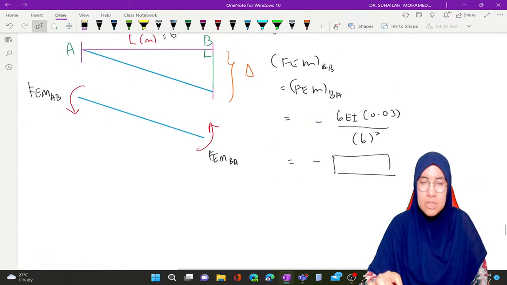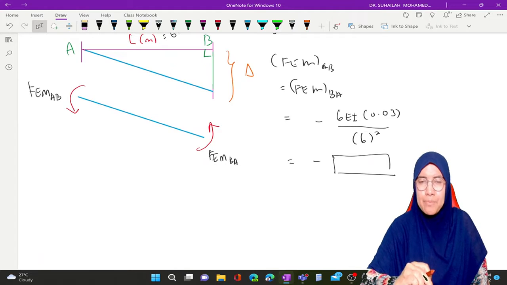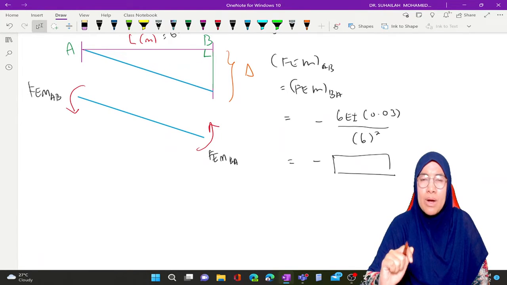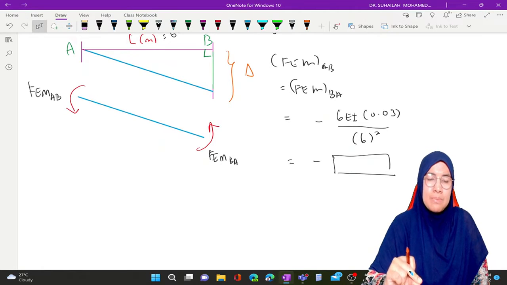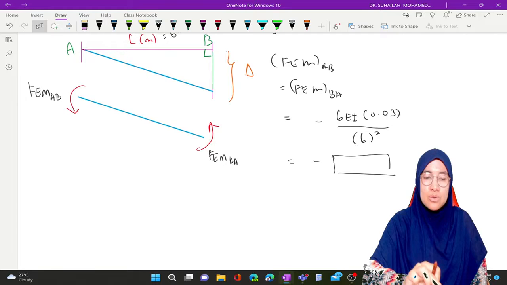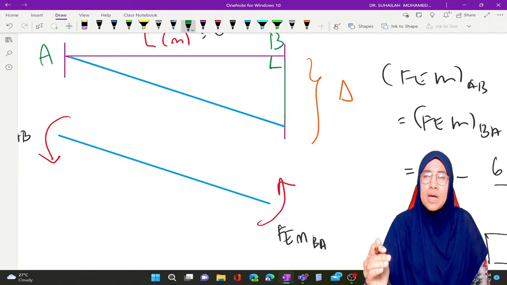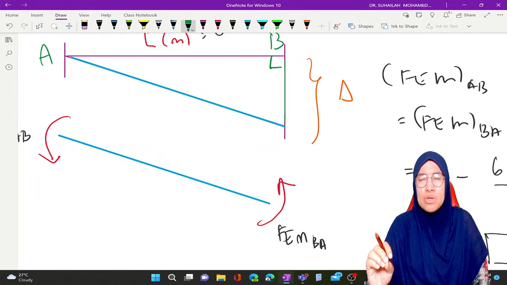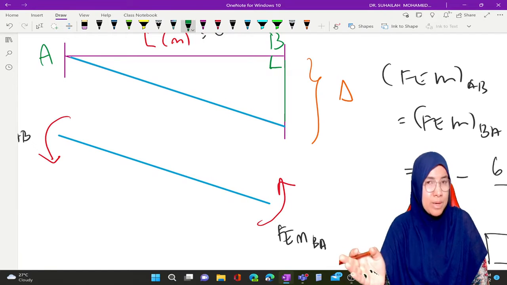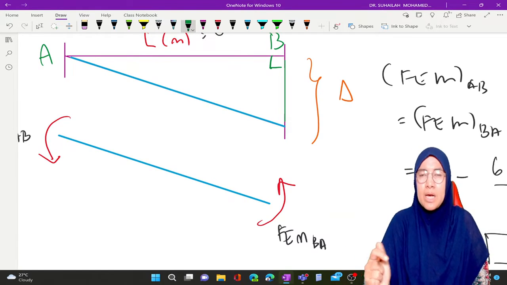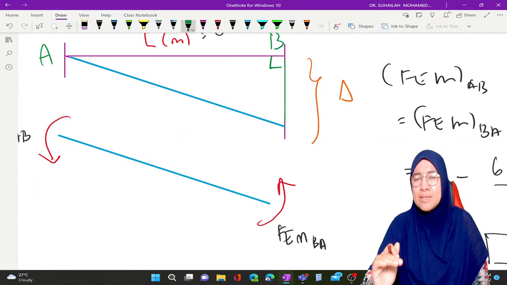Because of the behavior, by looking at the diagram we can draw one conclusion about the behavior and the FEM sign. Between the original position and the new position of the beam, meaning the beam after settlement, and the same goes for a frame after side sway, same behavior, mark the angle from the original beam.